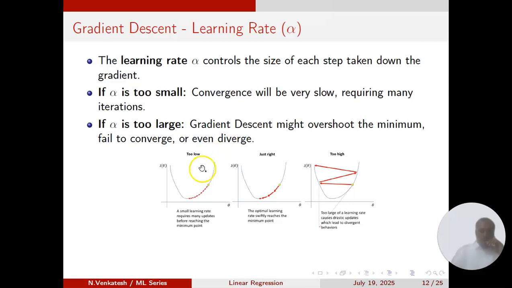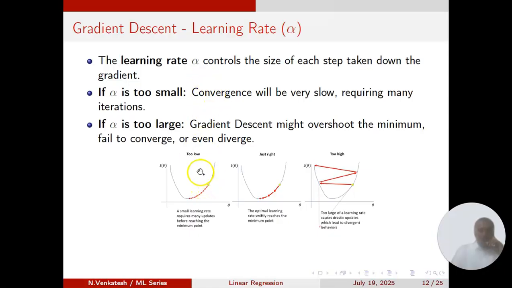Now suppose we consider a single parameter theta and J of theta, that is actually a parabola kind of a thing. So we have the error surface as a parabola, and if it initially starts at this point, in the direction of the steepest descent, it moves in this direction, and how much it has to move is decided by this alpha value.